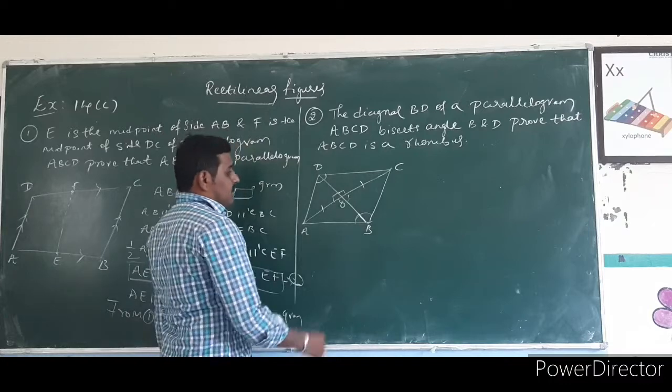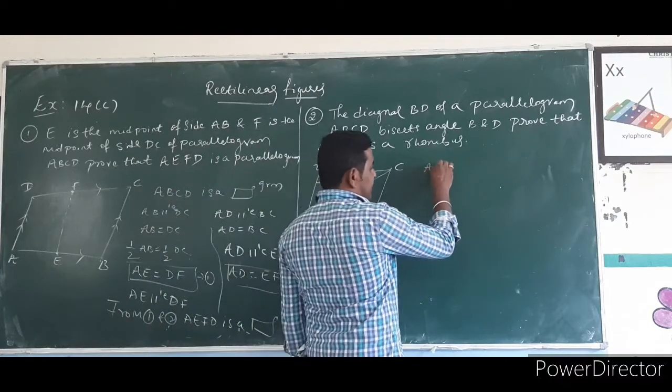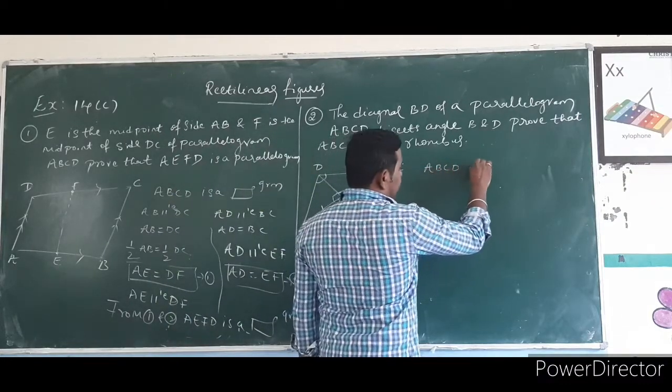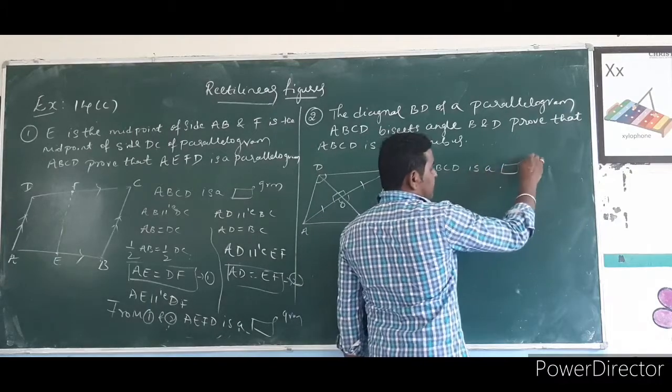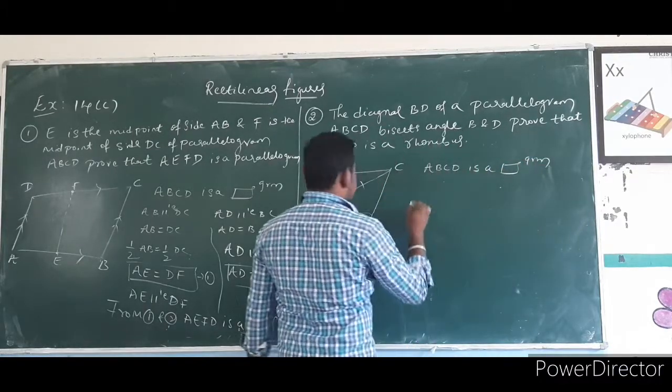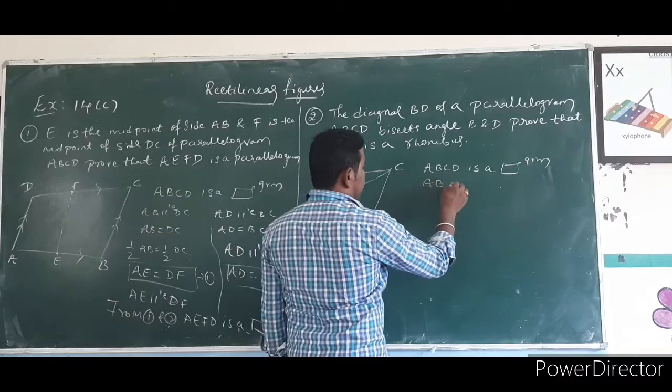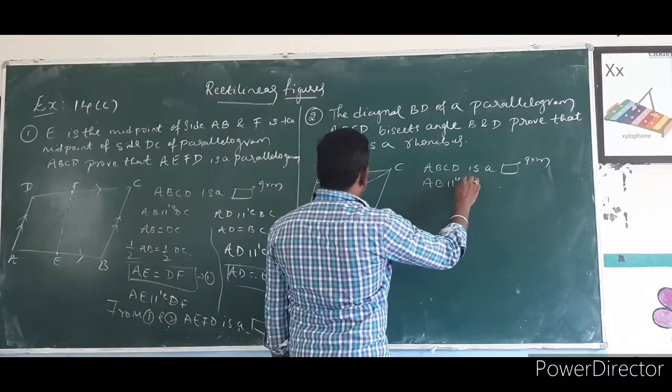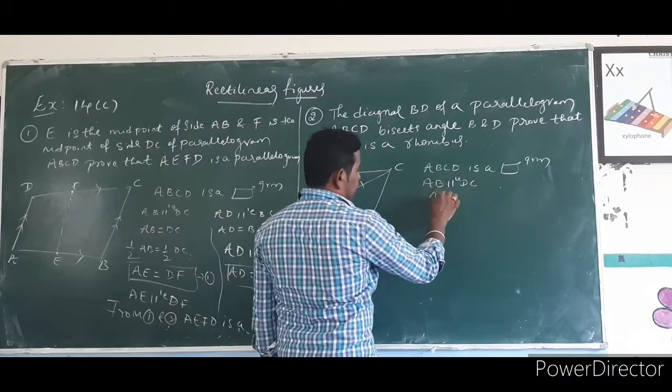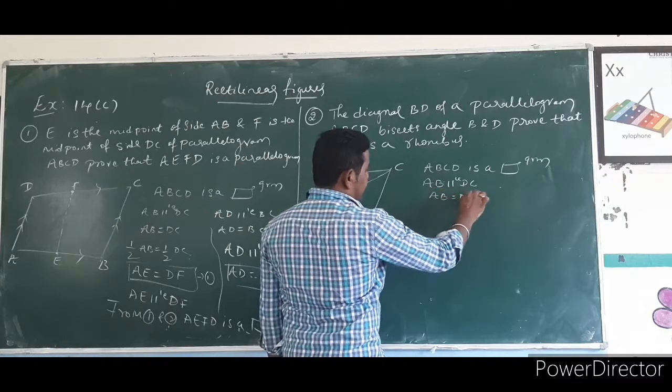So in that one, first you have to take ABCD is a parallelogram. That is AB parallel to DC, AB equal to DC.